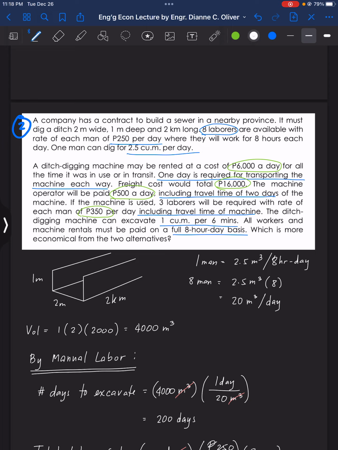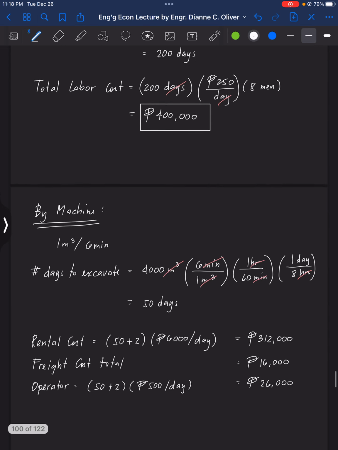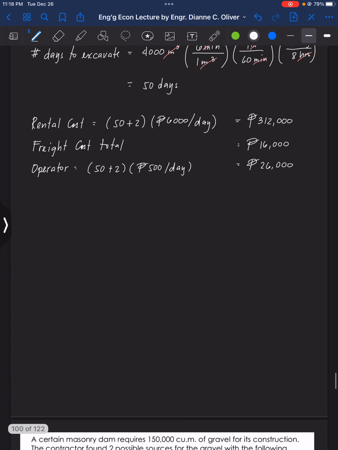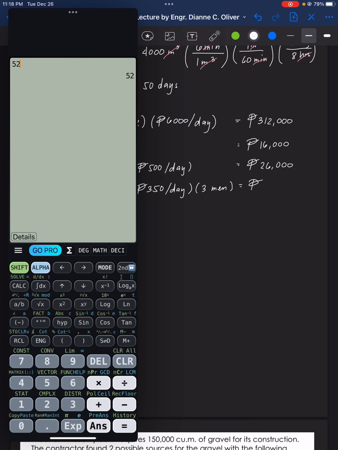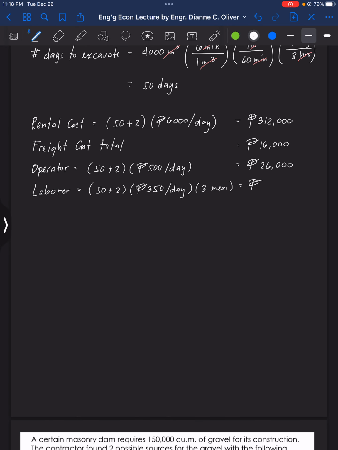So the travel time is included, therefore that is laborer equals 50 plus 2, the rate of 350 per day, and there were 3 men. So 52 times 350 times 3. So 54,600 pesos.